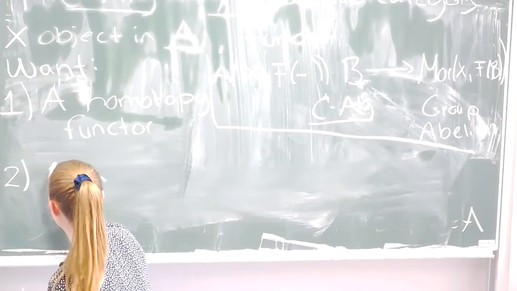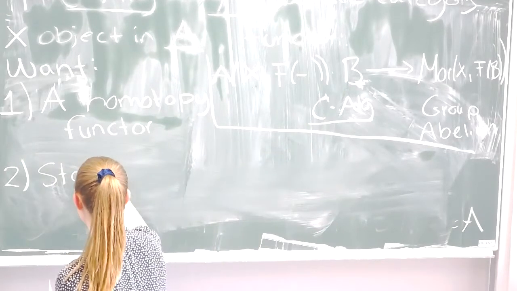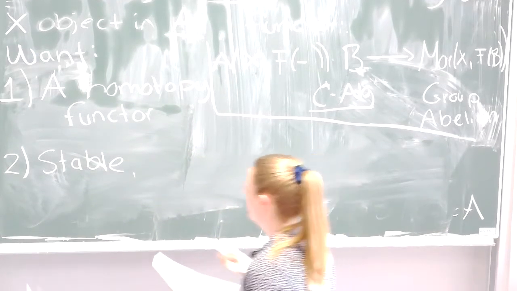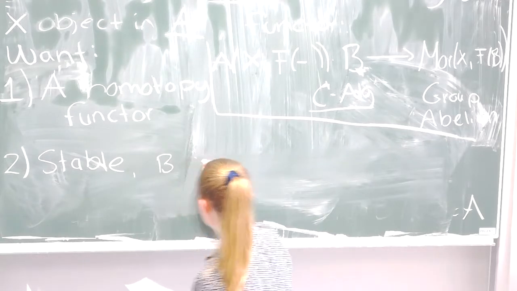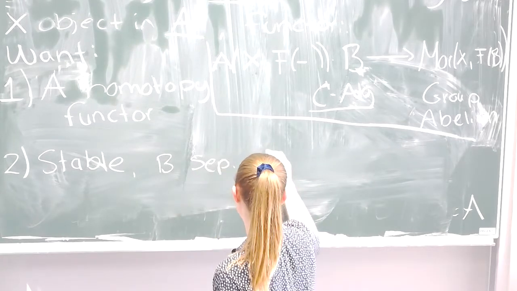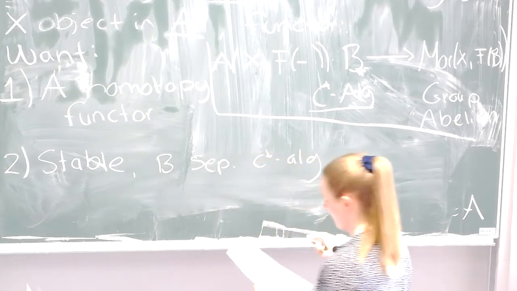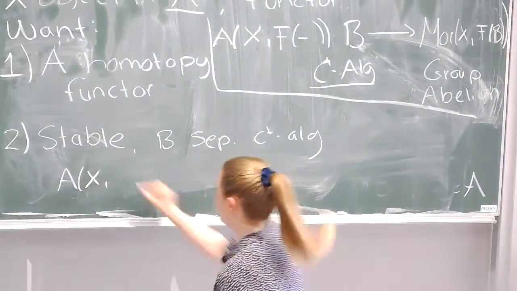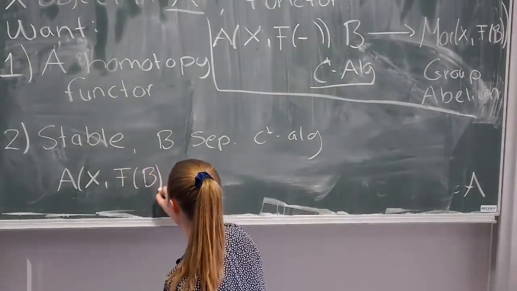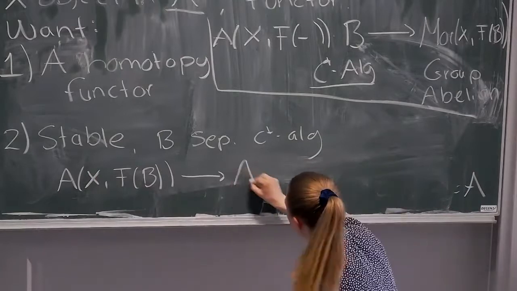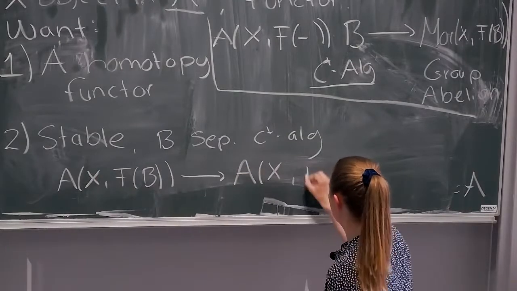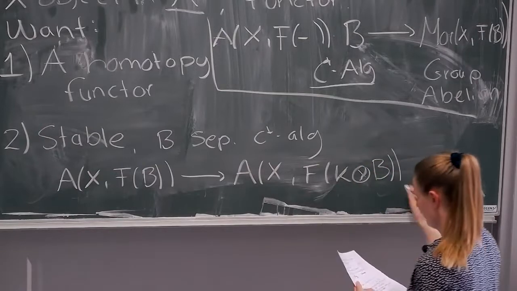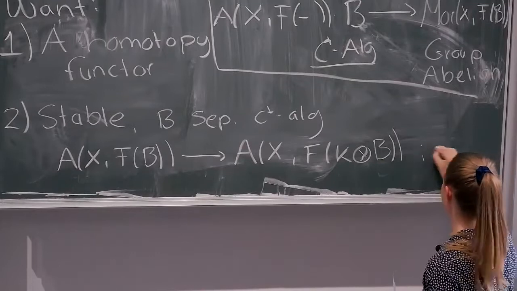Second, we want it to be stable. Meaning that if we have a separable C*-algebra B, the map A of X, F(B) to A of X, F(K tensor B) is an isomorphism.